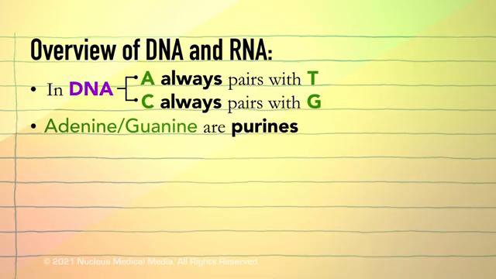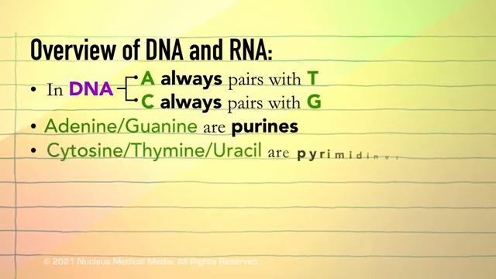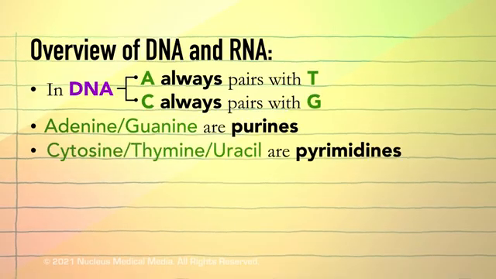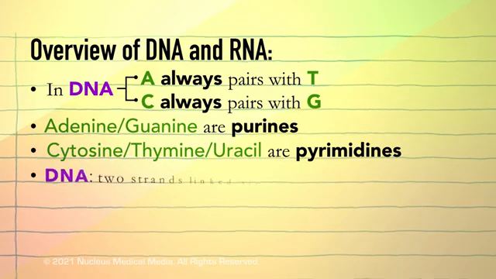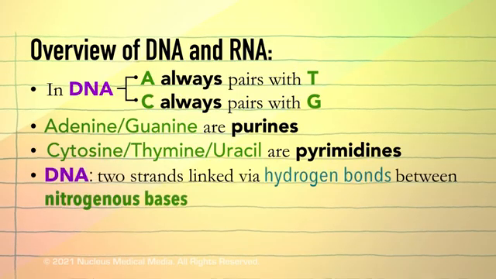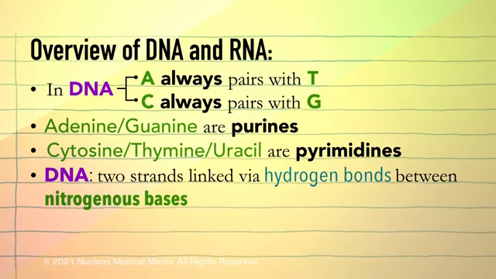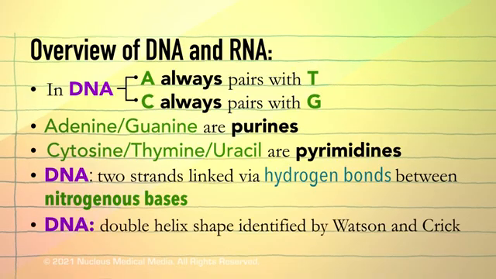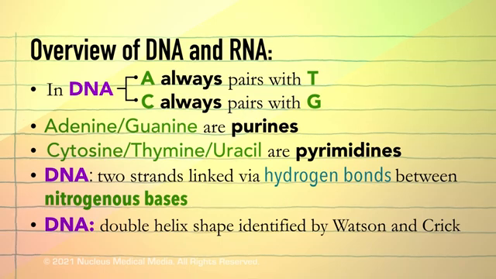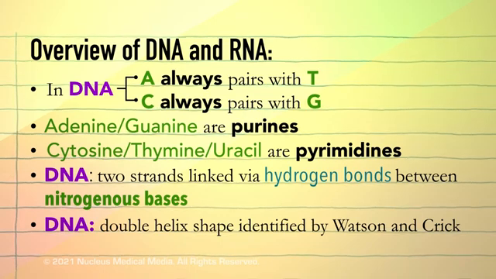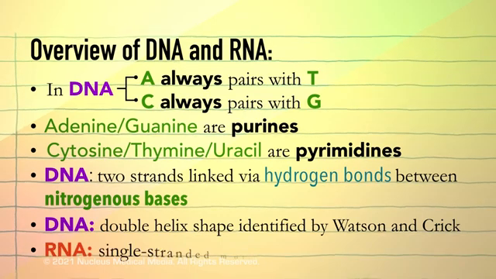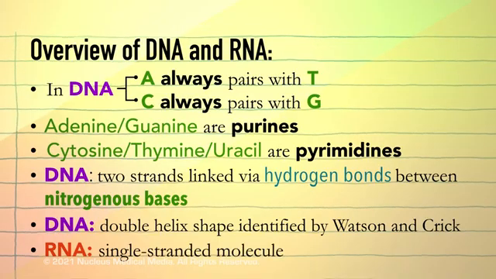Adenine and guanine are purines. Cytosine, thymine, and uracil are pyrimidines. DNA is composed of 2 strands linked through hydrogen bonds between their nitrogenous bases. The 2 DNA strands are twisted into a double helix shape first identified by Watson and Crick. RNA is a single-stranded molecule.